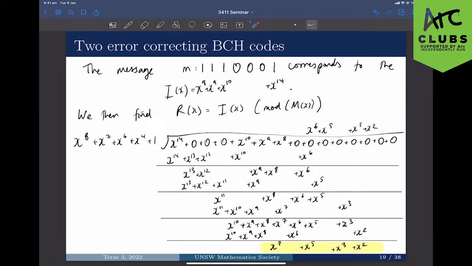And now we want to find the check polynomial, which is equal to the information polynomial mod m(x), where this is m(x). I'll just point it out. On this page, I've just demonstrated how I do polynomial long division.